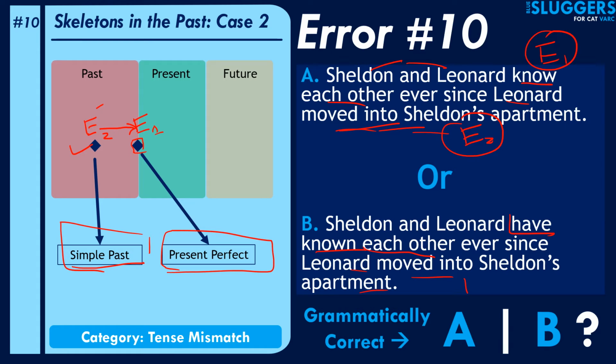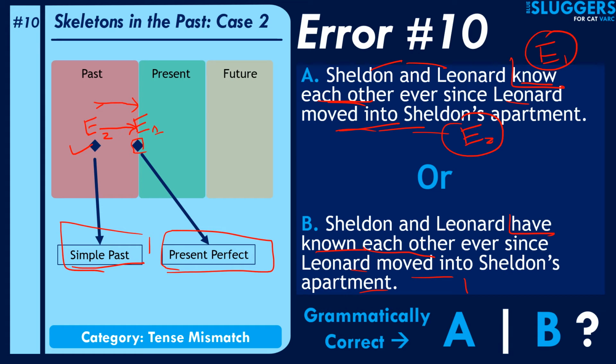At the same time, it is not exactly in the past, right? So it is right on the border of past and present. That's how I like to construe it. Usually it also seems like the event started sometime in the past and it has been continuing up until now, and there's no information about whether it will continue or not, but it at least has been continuing so far, right?